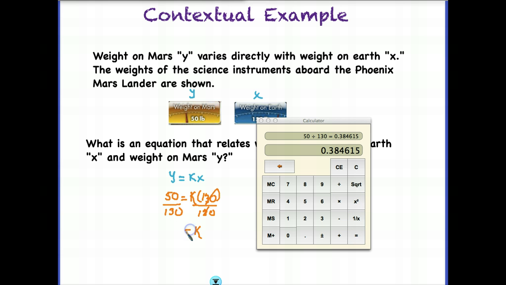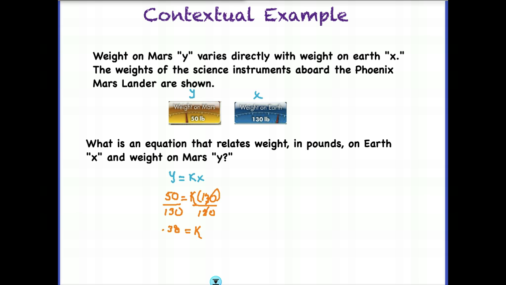So I'm just going to round 0.38. The next number is 4, and since that's less than 5, I don't need to round up. All right, now I can do my final step, and that is to write a direct variation equation using that. So y is equal to 0.38, oops, there's an x.